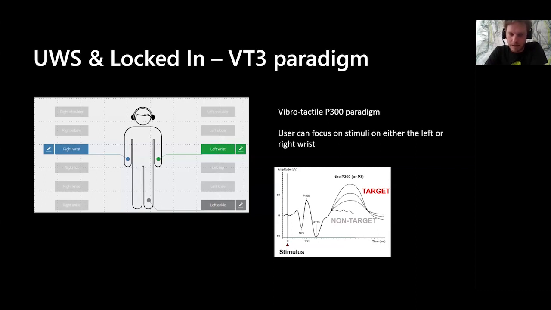And the ankle stimulation happens most of the time, and this is the stimulus the patient is not paying attention to. So this is also called the distractor.